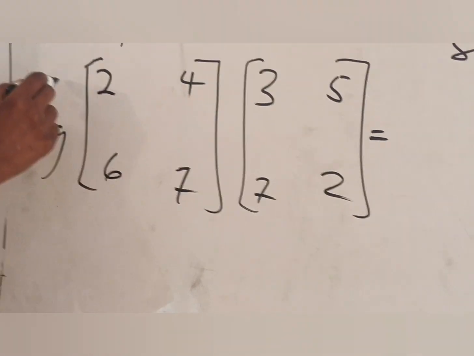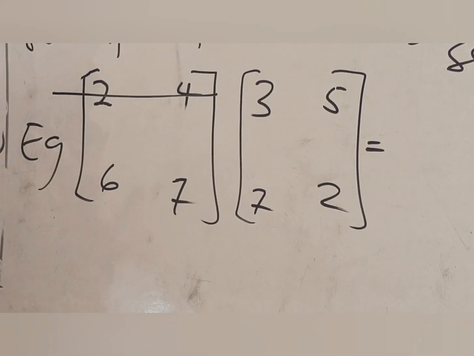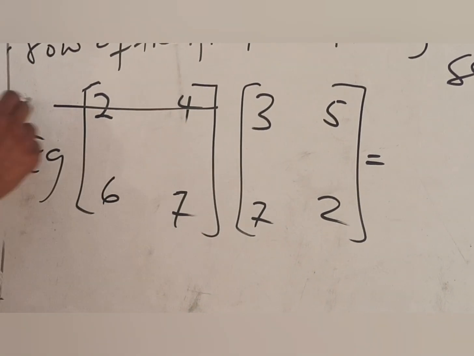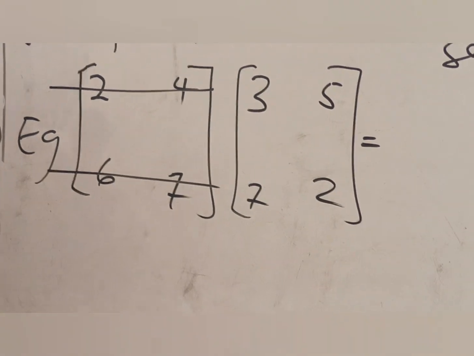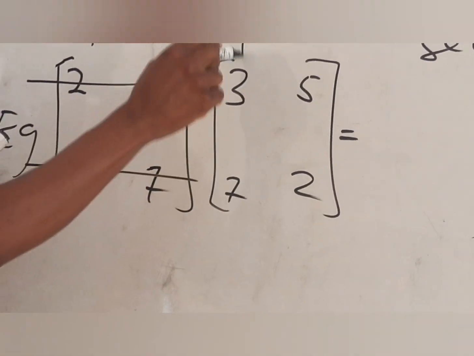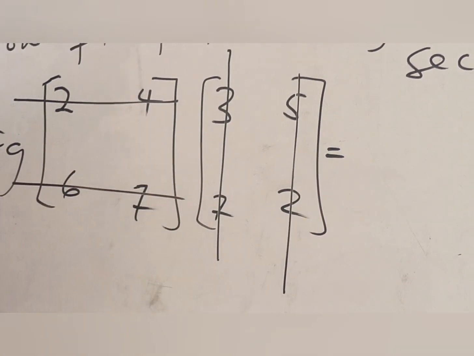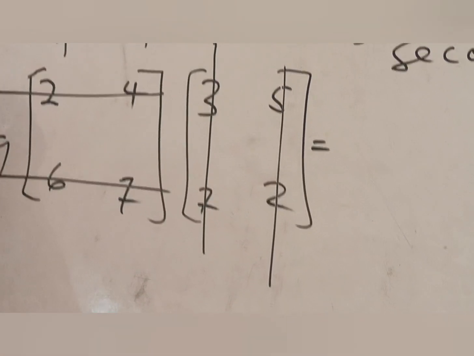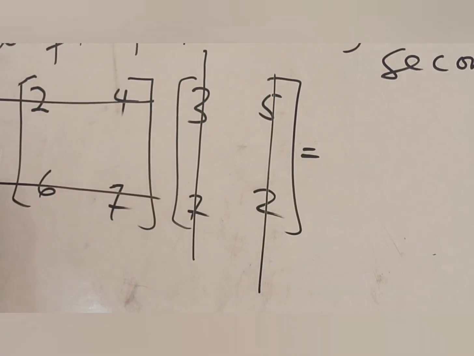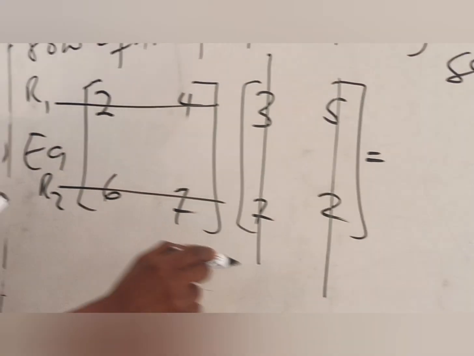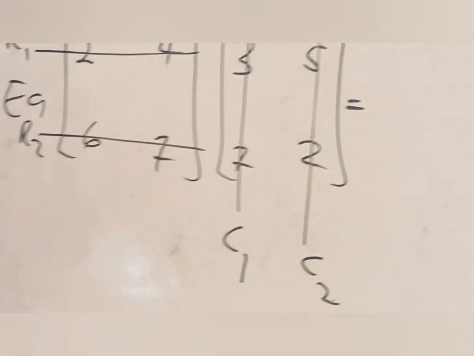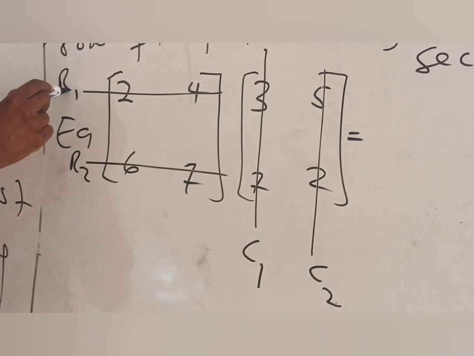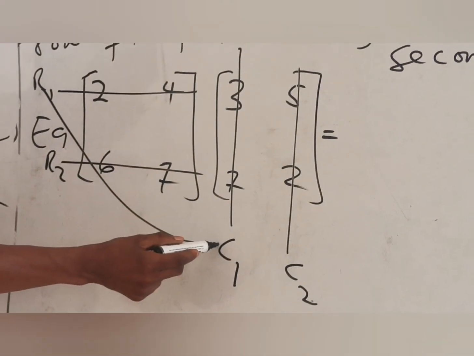How many rows does this matrix have? 2. Row 1, row 2. How many columns does this matrix have? 2. So this is row 1, this is row 2, this is column 1, and this is column 2. So pick row 1, multiply by column 1.